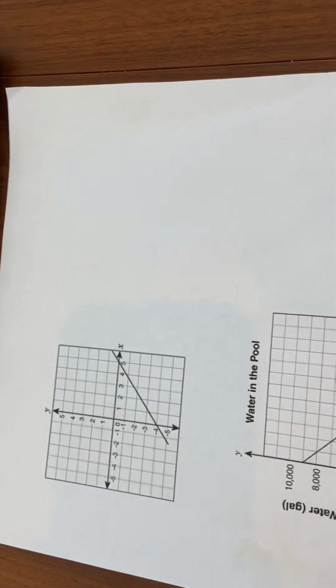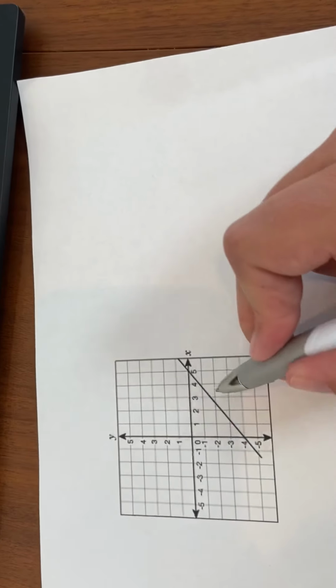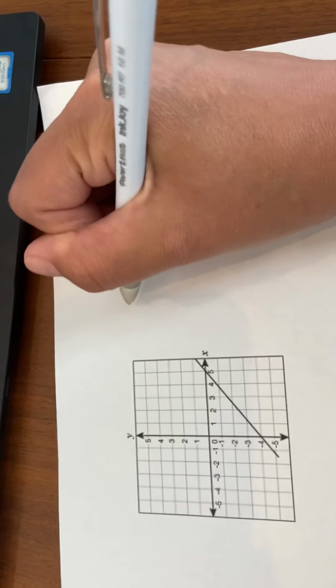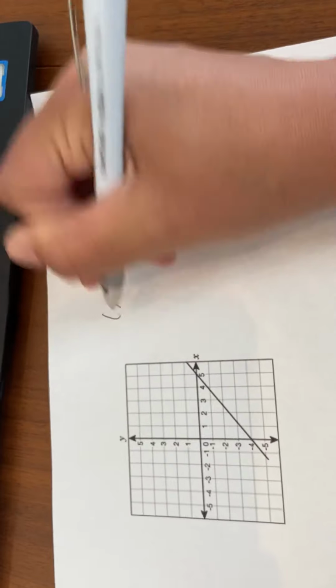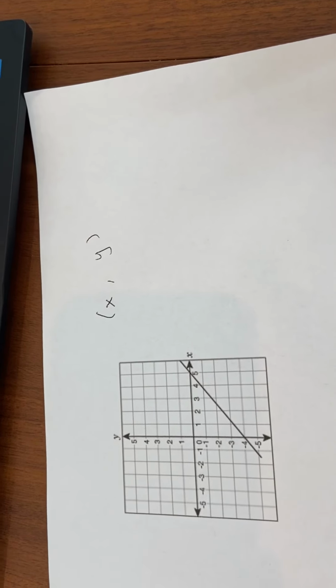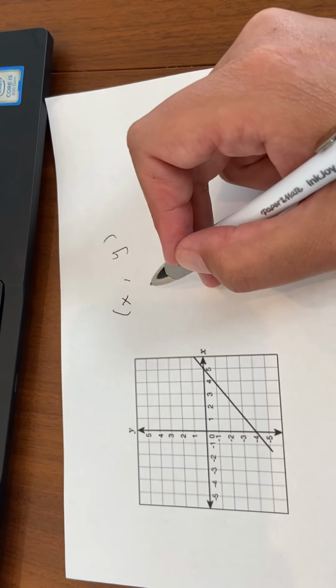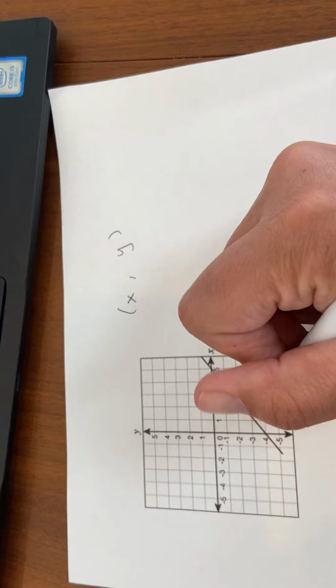All right, let's go ahead and take a look at a graph. So on a graph, we still have data points. They're just on a graph, not on a table. But I'm going to pull off 2 points on the graph and put them almost like I had with the table. So I need to find 2 points so I can get the change in y and the change in x.